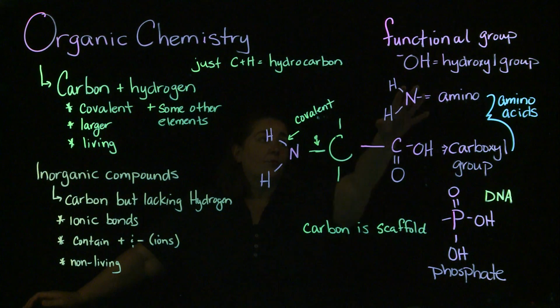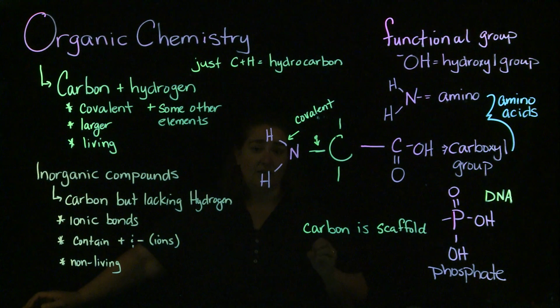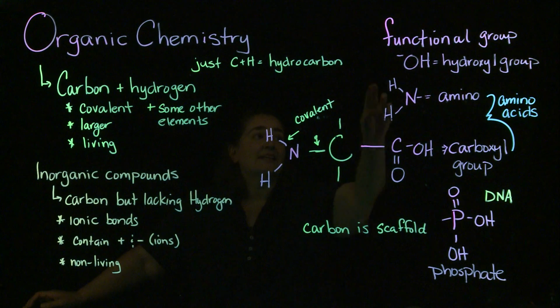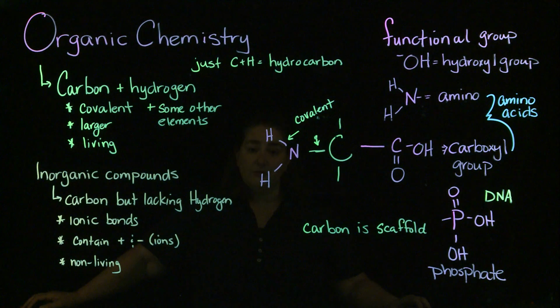These four, hydroxyl, amino, carboxyl, and phosphate, are the ones I want you to really focus on, being able to identify the structure, okay? Meaning if I show you a picture of this here, you're going to be able to tell me, oh yeah, that's the amino group, okay? Because functional groups are going to become very important with the macromolecules that we're going to talk about next, all right?